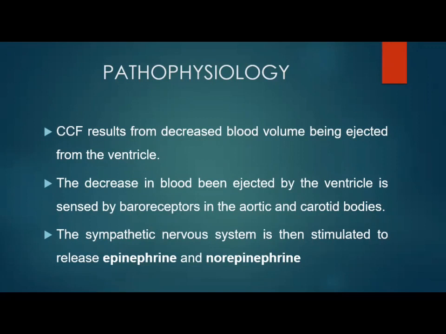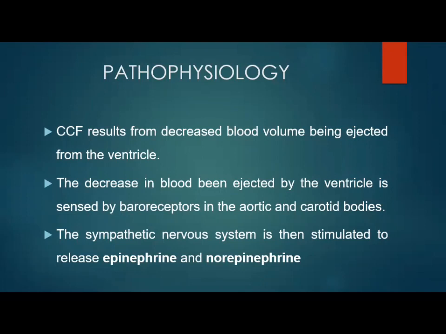The decrease in blood being ejected by the ventricle is sensed by the baroreceptors in the aortic and the carotid bodies. The circulatory system has these two baroreceptors, which are located on the aortic arch and in the carotid artery. These two receptors sense the pressure in the blood.